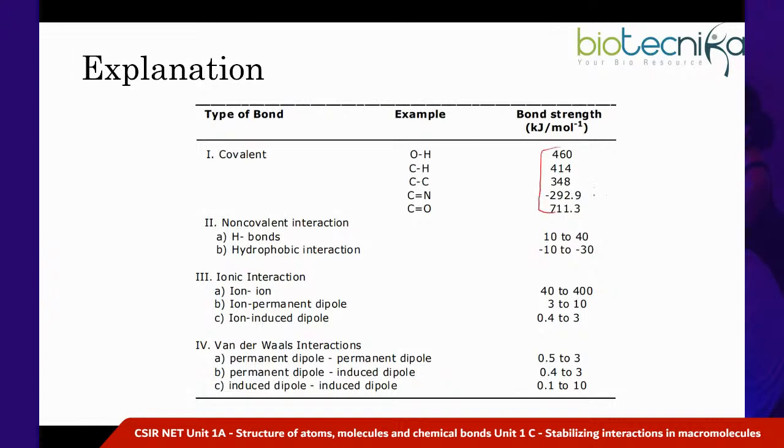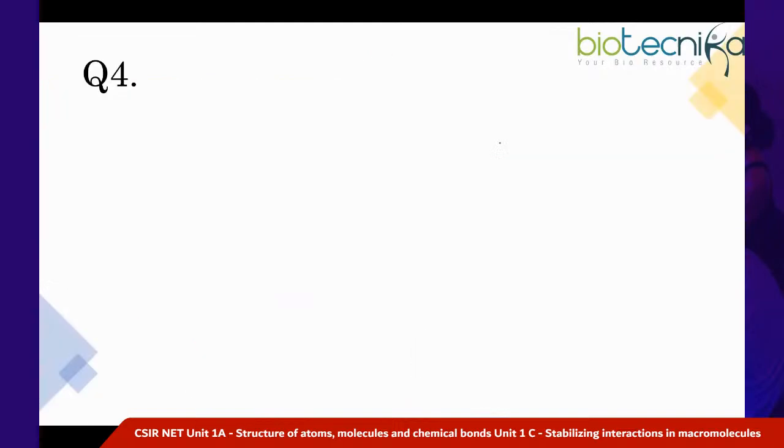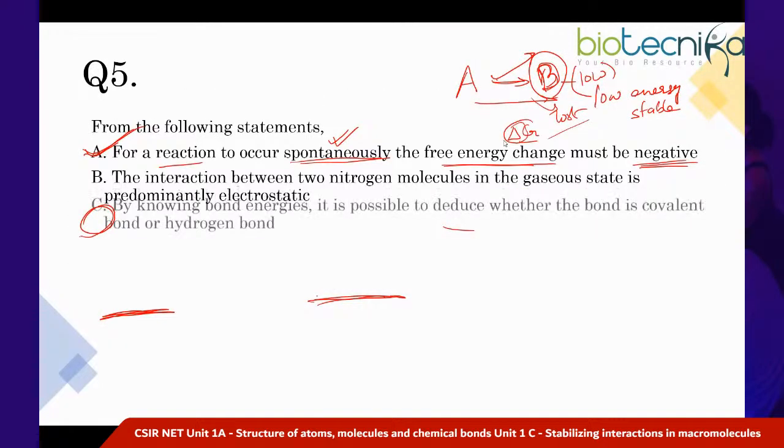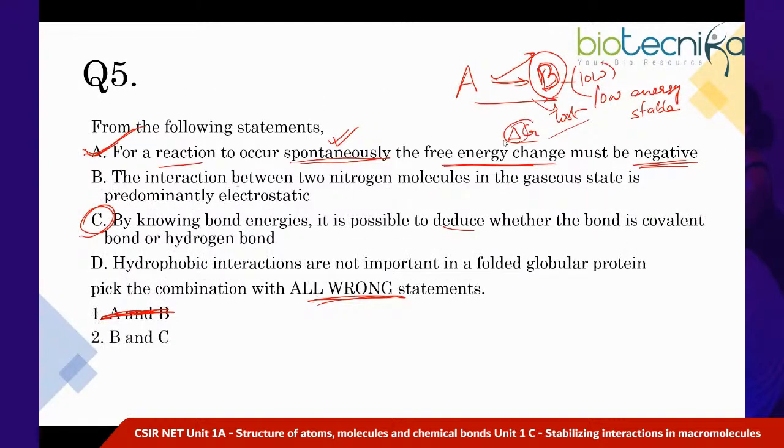Covalent is very high, whereas hydrogen bond is only 10 to 40 kilojoule per mole, whereas covalent is always on the higher side. So we can tell. Got it, Anupam? All right. So C is also correct. B and D are your wrong statements.